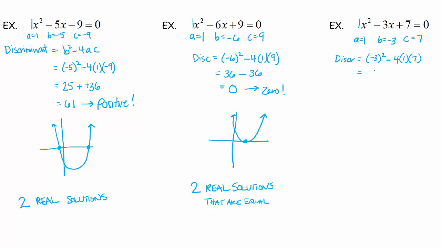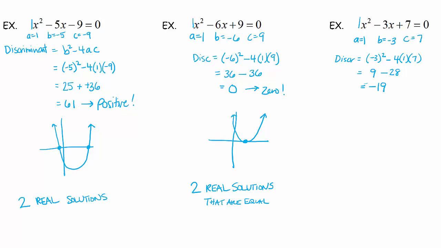So this simplifies to 9 minus 28. And 9 minus 28 is negative 19. Remember we got that? This is actually from one of the questions in last video. We had the square root of a negative 19.